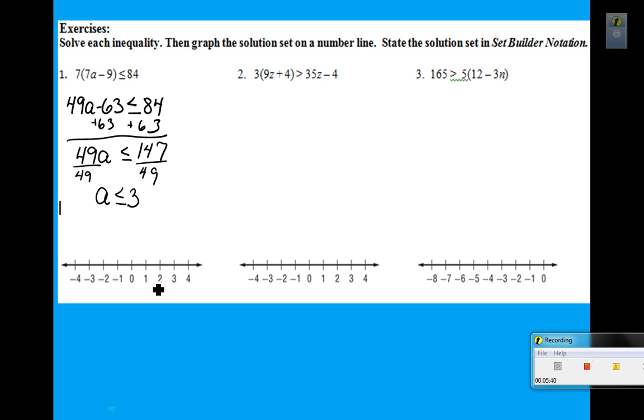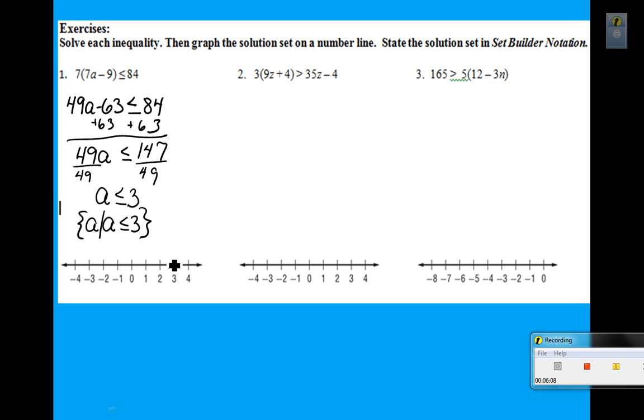To write it in set builder notation, it looks like this then. I'm going to do the cool parenthesis, the brace, and I need to say a such that a is less than or equal to 3. Surround it by the braces, come down here on the graph, closed dot. The reason it's closed is because of this or equal to. If you have a line underneath your inequality, it's a closed dot.